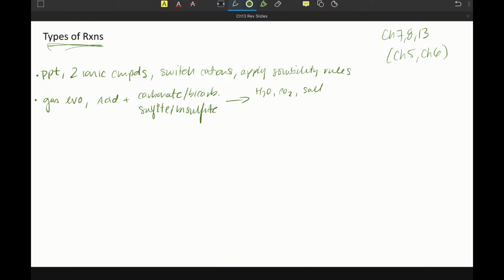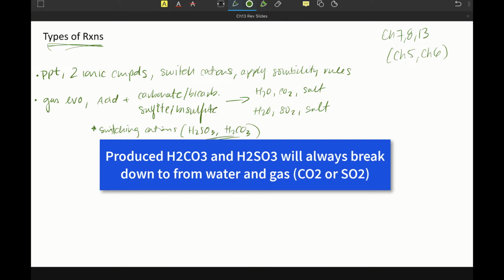And by salt, we simply mean ionic compound. Here we're going to have H2O, SO2, and a salt. Again, that just means ionic compound, right? And the reason that happens, it's the same principle. We are still essentially just switching cations. But once we switch those cations, we have those intermediates, the H2SO3 or the H2CO3, which when we see those, we should immediately think, they're going to break down, yes?